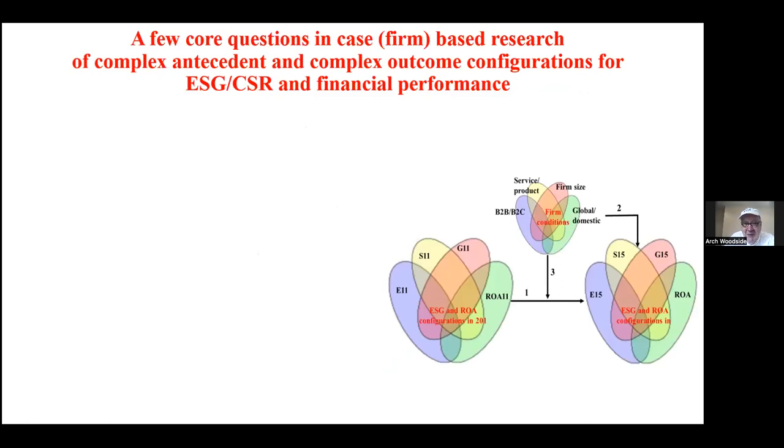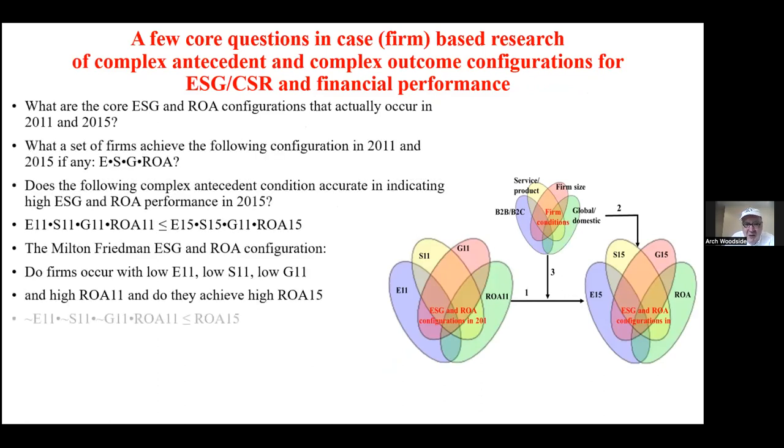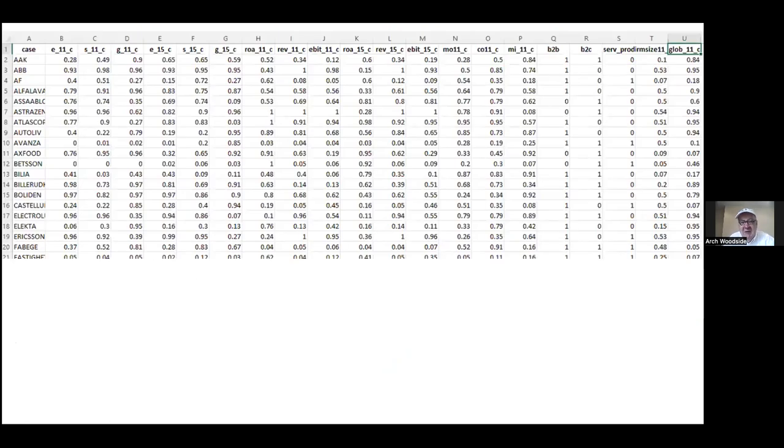And before we stop, I just want to mention that I'll go through these in lesson 9, but here's the data set. Here's 20 companies. These are all Swedish companies. Will be our data set for analysis.